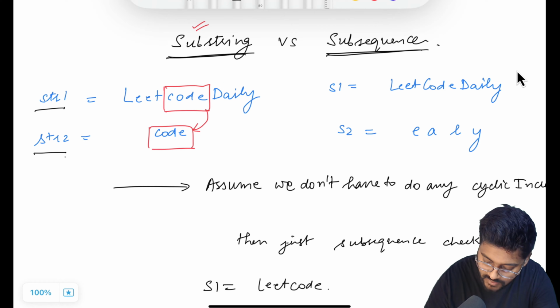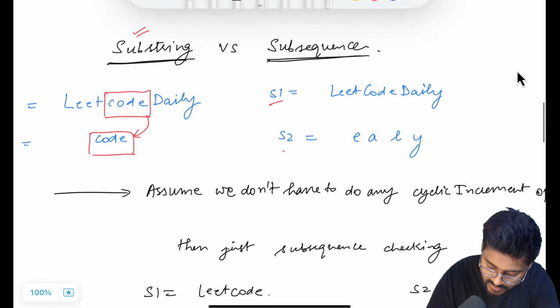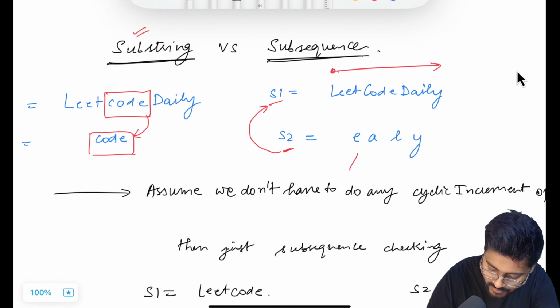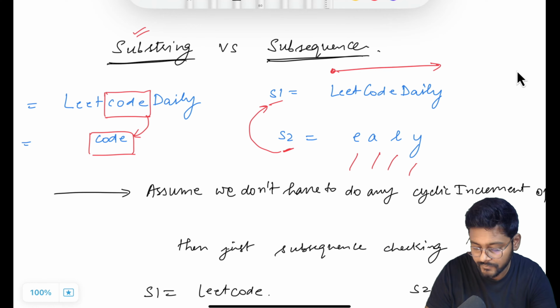And what about subsequence? If string 2 is a subsequence of string 1, then if we iterate on string 1, we are able to encounter every character from string 2 in order.